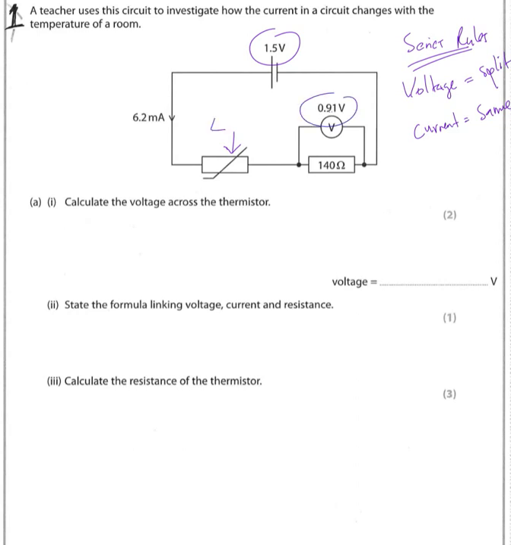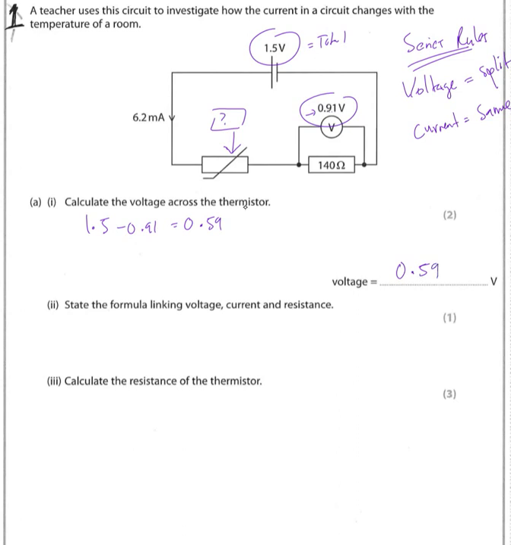So how much will this one be? This is the total, and that's how much we have on the other side. All we need to do is take away, and this will give us our answer. And here we go, 2 easy marks.